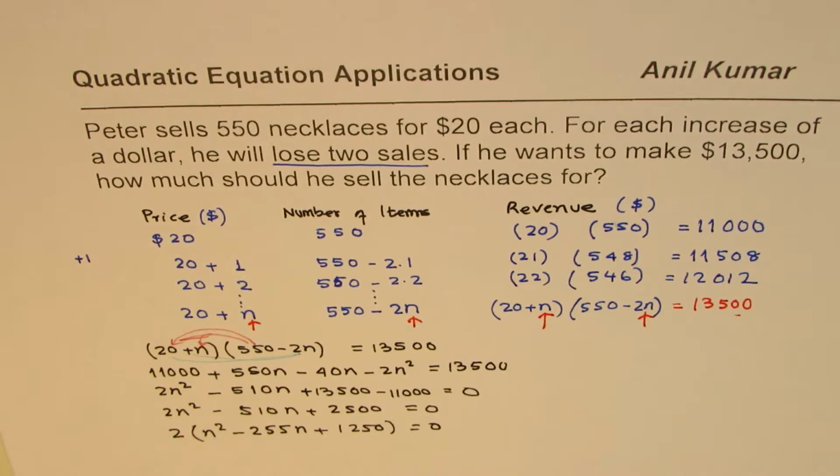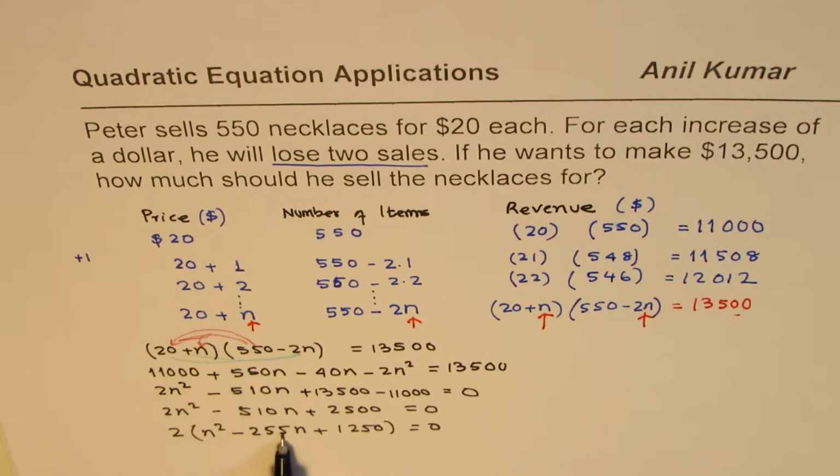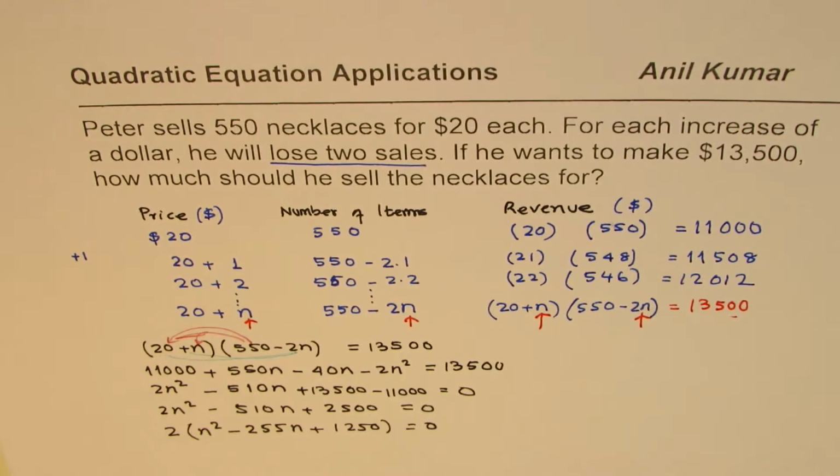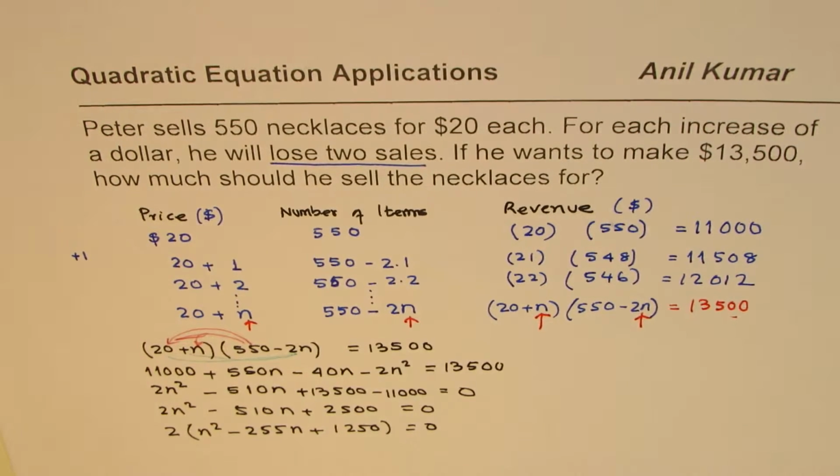Now we have to solve this equation. So we are looking for two numbers whose product should be 1,250 and sum is 255. So what could those two numbers be? This is what we are interested in finding, correct? We could use the quadratic formula, right?